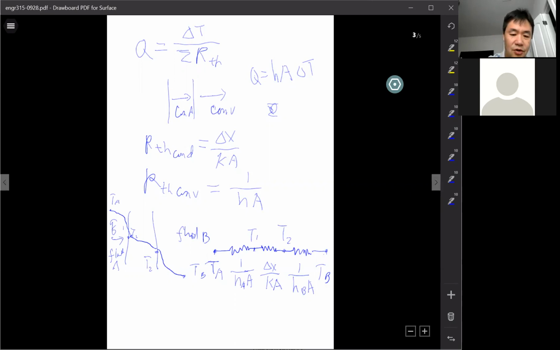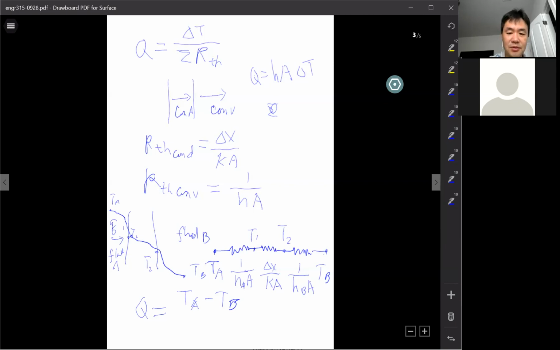So the overall heat transfer rate equals TA minus TB. If you want to use this equation, the delta T has to be the front temperature, the beginning minus the end.